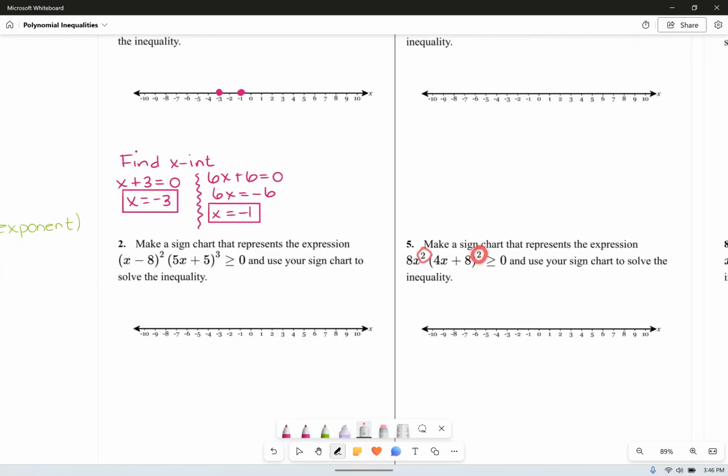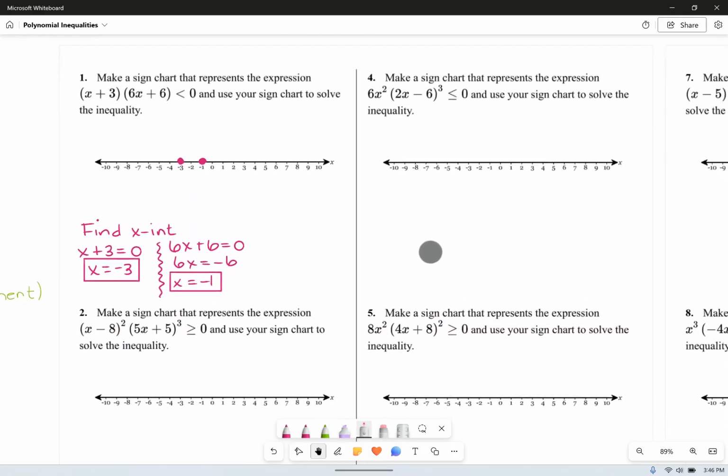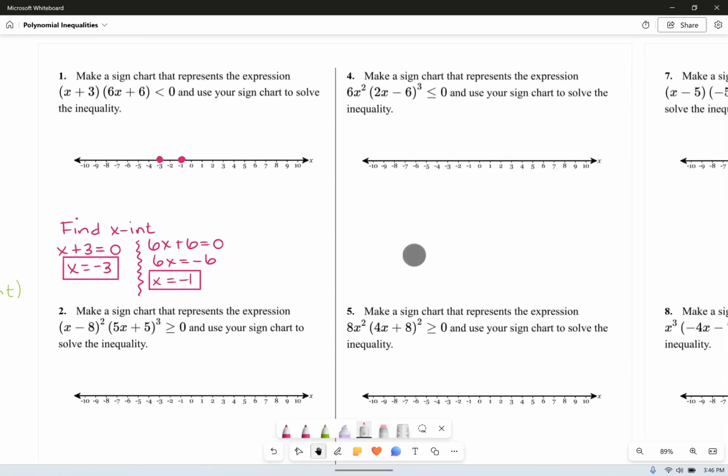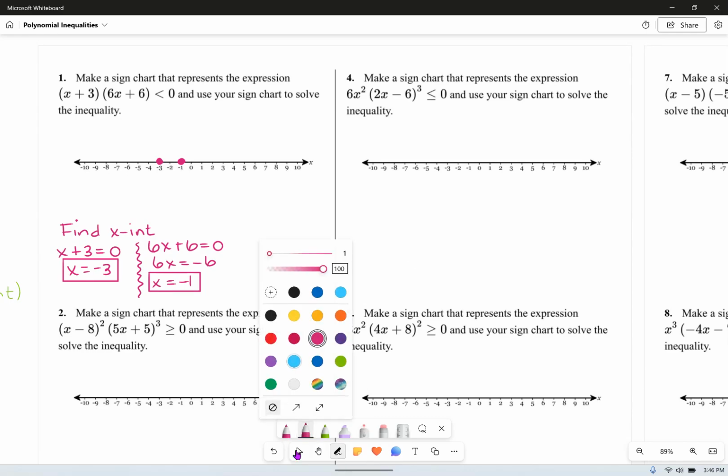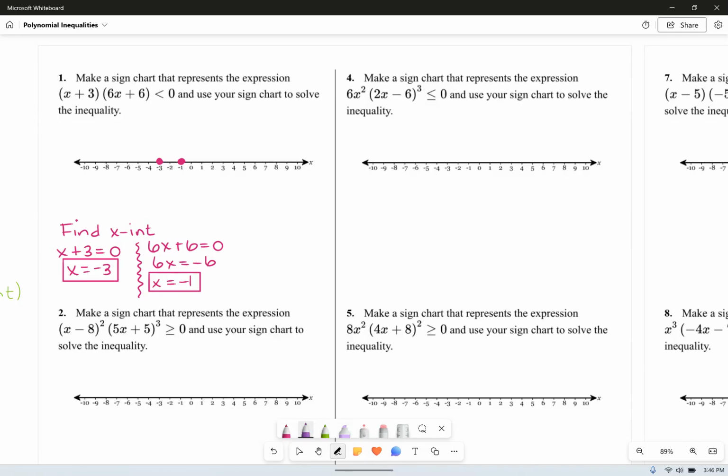So if you're saying, okay, she's circling exponents, yes. Each factor has an exponent attached to it. We call it the power. Those powers are our multiplicities. So for instance, right now, the multiplicity for x plus 3 is a 1, and the power or the multiplicity for 6x plus 6 is a 1.